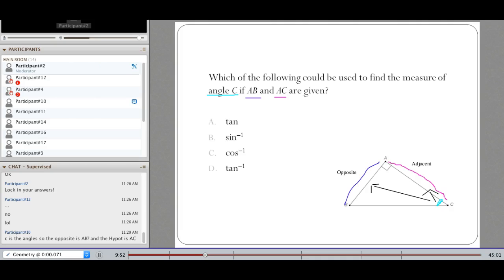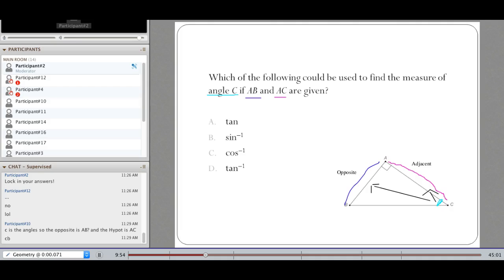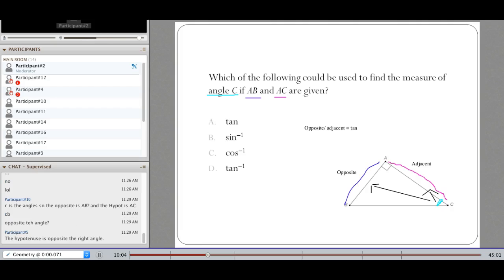How do you guys find the hypotenuse? Could you describe that? Yeah, CB is the hypotenuse. So what do you guys look for when you identify the hypotenuse? Because that's usually the easiest thing to identify first. Yes, opposite the right angle. So here's the right angle. This would be your hypotenuse.